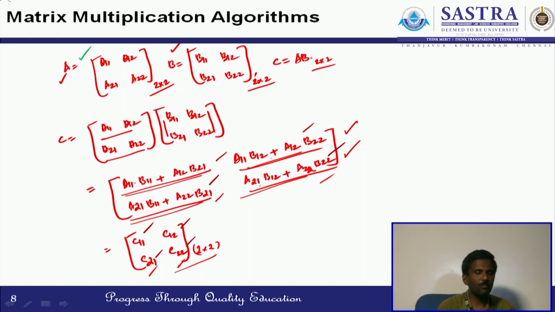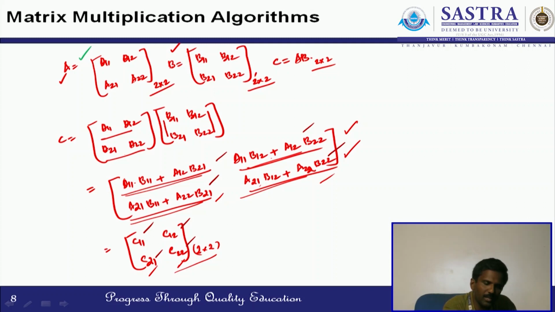We assumed each Aij and Bij as a matrix of order 1 by 1, but after writing this, it seems that actually each Aij and Bij is not a 1 by 1 matrix, but actually a 2 by 2 matrix.